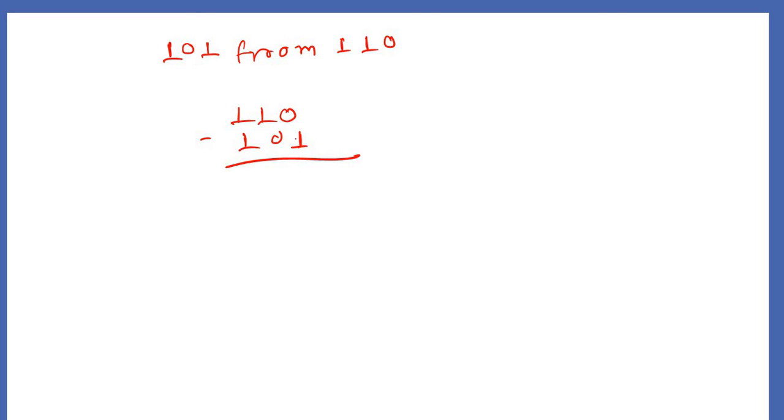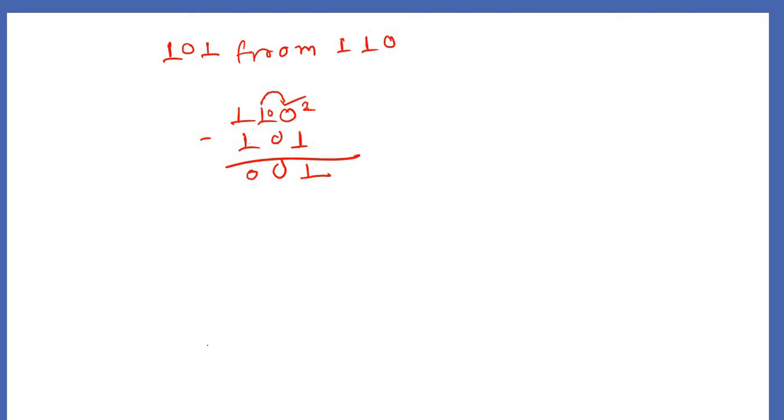That means we have to take borrow from the next left column. So this one we will take borrow from the next left column to this column. So this one in the first column will be converted into 2. So 2 minus 1, it gives 1. Now since we have already taken 1 borrow from this column, it will be converted into 0. So therefore 0 minus 0, it will be 0, right? And 1 minus 1, it will be 0. I hope you have understood.